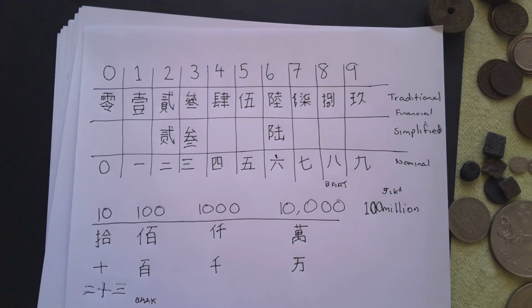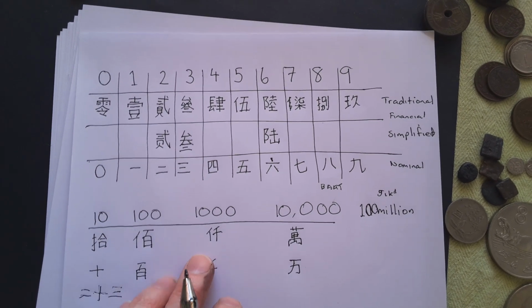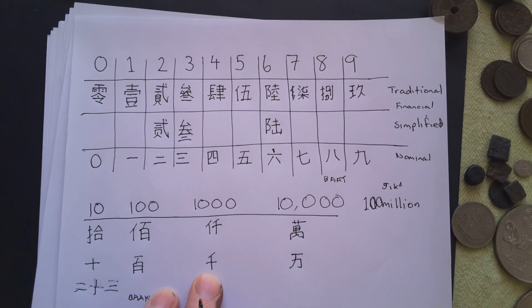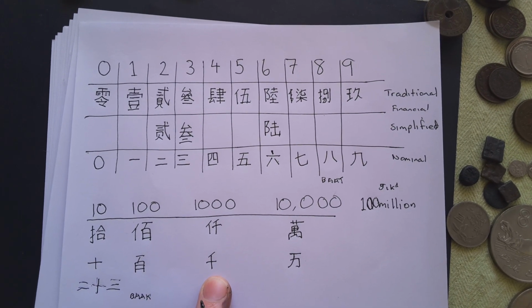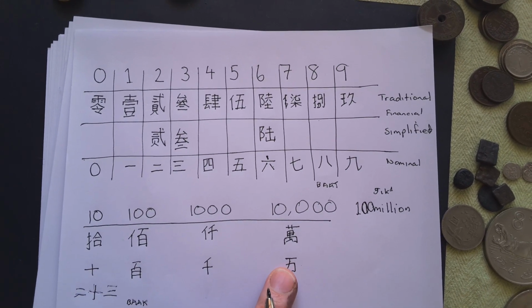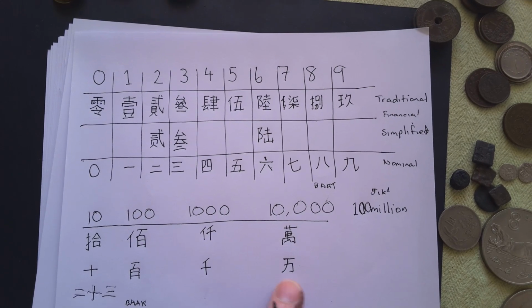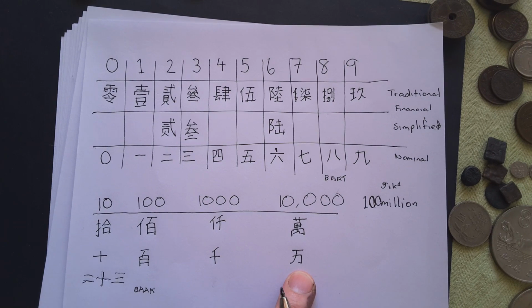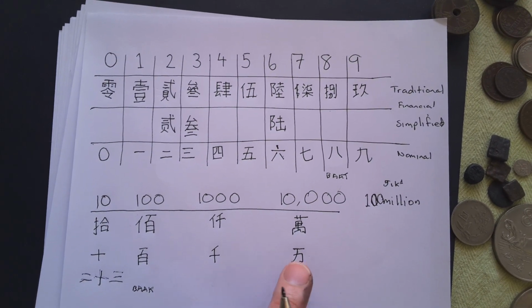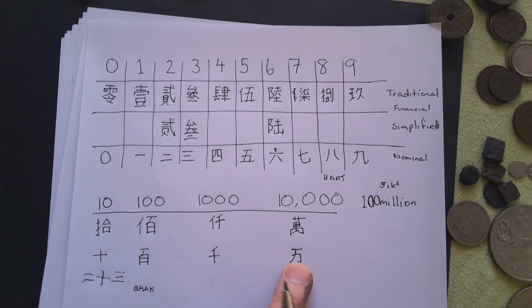Like 1,000 Hong Kong dollars, you'll find this denomination 10, and then you have man, which is 10,000. I know that in India they use 100,000, which is 1 lakh, but in Chinese culture they use 10,000.